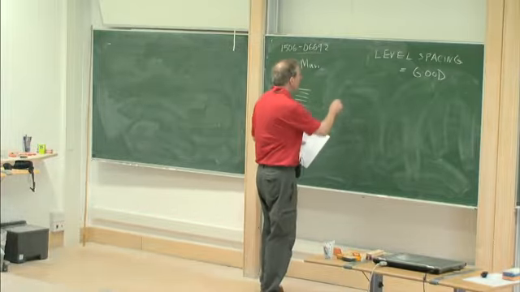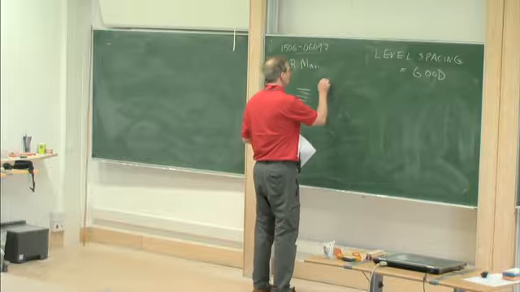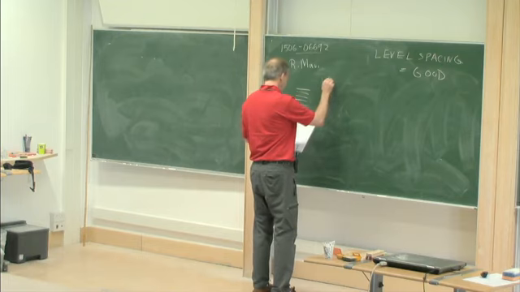So there are going to be 3 main ideas in this talk, and I'm not sure I'm going to get to the third idea, but let me just list them here.